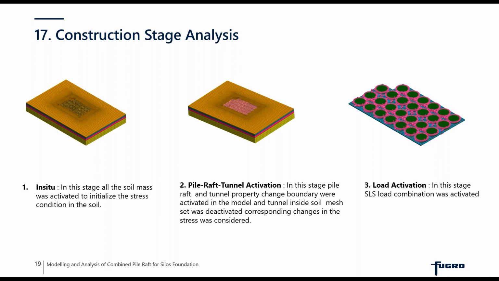In the third stage you can activate 2 to 3 load combinations, and you can keep it overnight and run. In our case, we also decided on 3 load combinations, governed by the maximum force in the pile, or the maximum contribution coming onto the piles, and then we did the check for those load combinations.